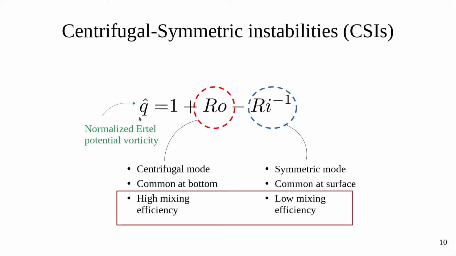And like I mentioned before, there is some evidence that the symmetric modes can have low mixing efficiency, and that centrifugal modes can be significantly more efficient at mixing fluid. The first thing we want to do is investigate that and see if that is actually the case. And if it is, we want to know why.